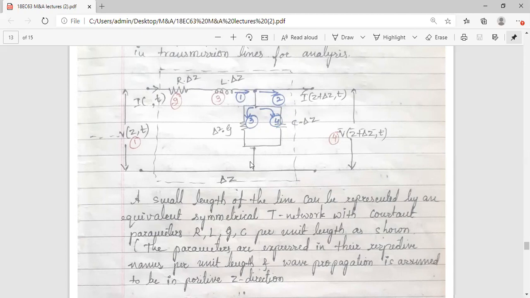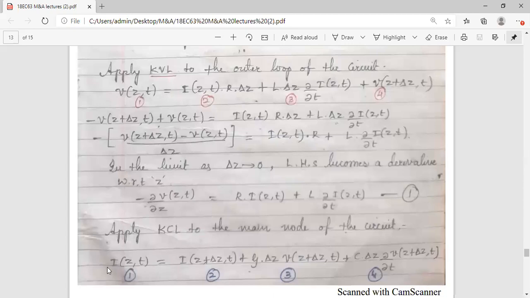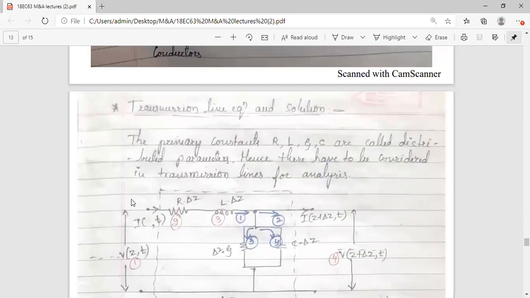What it will become? What number 1 indicates? Number 1 is current I z comma t. Current entering is I z comma t. It is entering here into the node. Okay, the same current is there. It is equal to current leaving 2, 3, 4. I have to write. 2 is what? I of z plus delta z comma t.